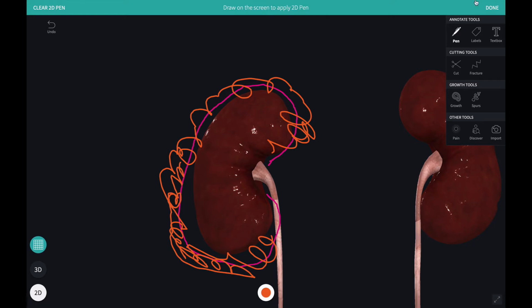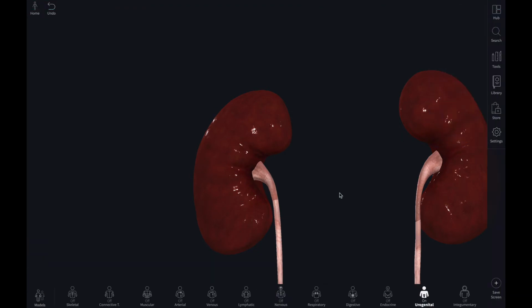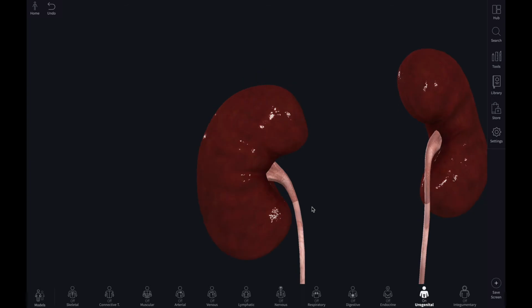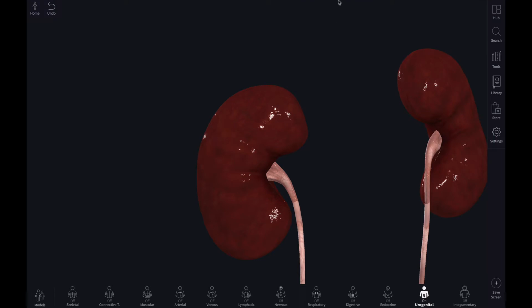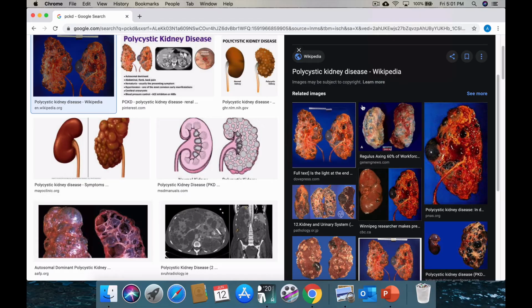So why am I telling this? Because there are patients who are suffering with polycystic kidney disease, that is fluid pockets around the kidney. This polycystic kidney disease takes place in the perinephric region, that is Gerota's fascia. I'll show you a picture.